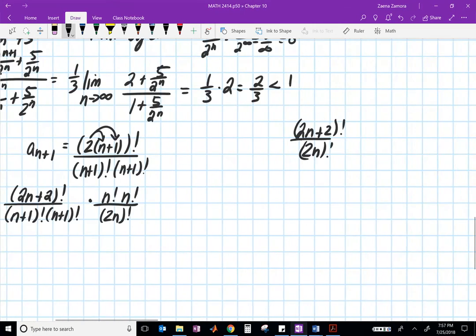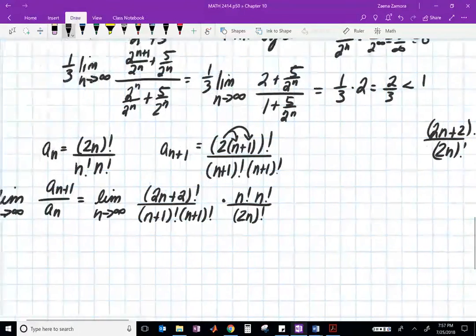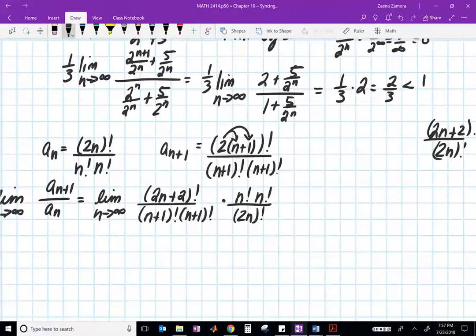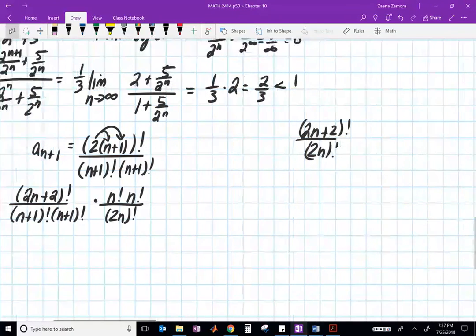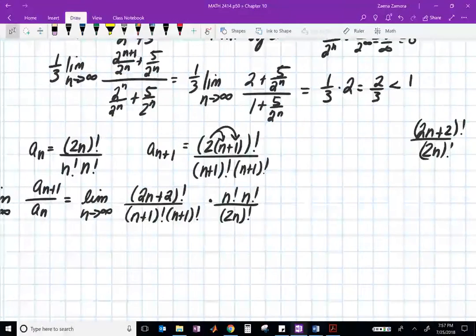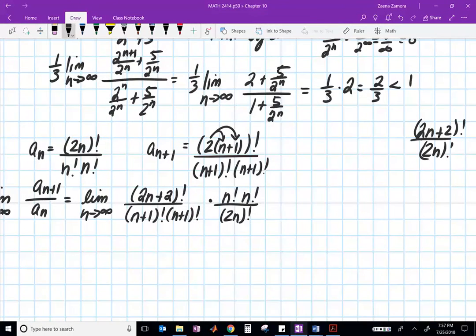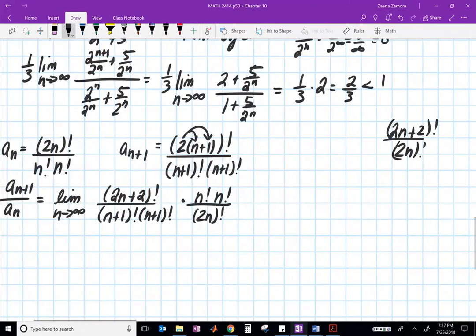Wait, how'd you get 2n plus 2? I distributed the 2 over here. Yeah. So I want to see if anything will cancel with the 2n plus 2 factorial and the 2n factorial. So wait, what happened to the n factorial? We're going to do those in a little bit. I just want to work with these two first to see if anything cancels out.